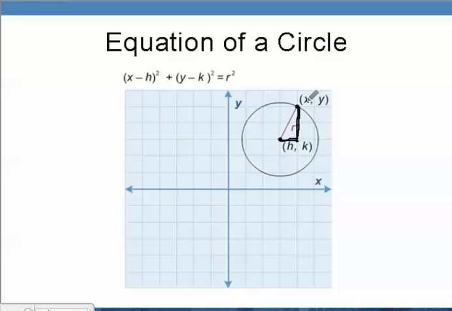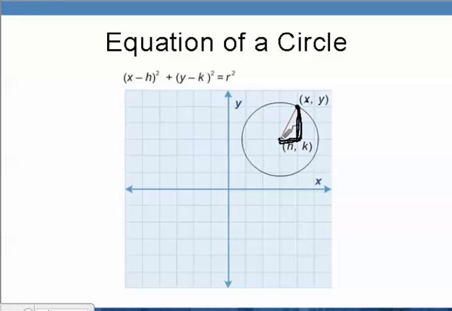Well, x is this point right here minus h. x minus h would be this distance right down here. And y minus k would be this distance right here. And so I'm actually drawing a right triangle there, aren't I? Now, if x and y is any point on this circle, I'm drawing lots of right triangles with this, and it could be any number at all, couldn't it? That is how we developed the equation for a circle.